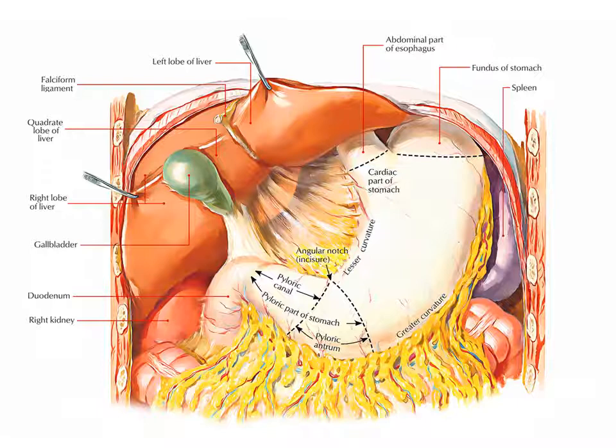It has two curvatures, the lesser curvature giving attachment to the lesser omentum, the greater curvature giving attachment to the greater omentum, the gastrosplenic and the gastrophrenic ligaments. The parts of the stomach are fundus, body, pyloric antrum and the pyloric canal.